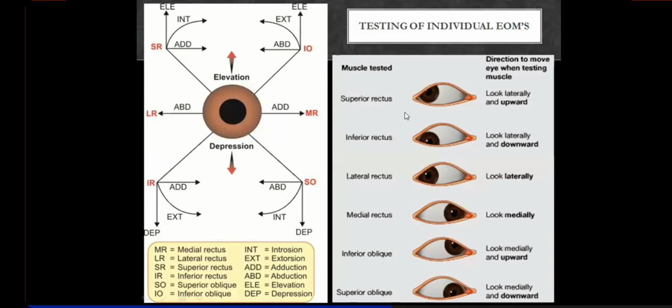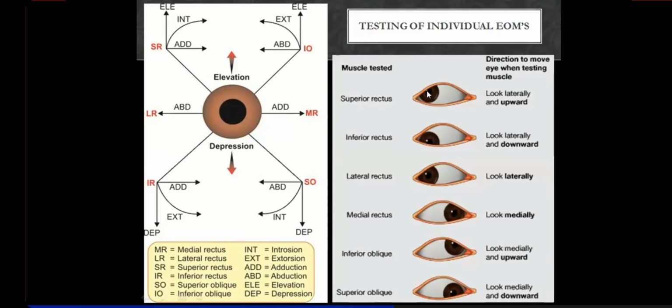For superior rectus, remember this thing: these lines I told you are for the testing. These are lines for the testing of the muscles. So for checking the superior rectus, you will ask the subject to look upwards and outwards, right?